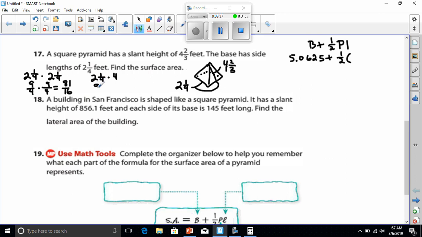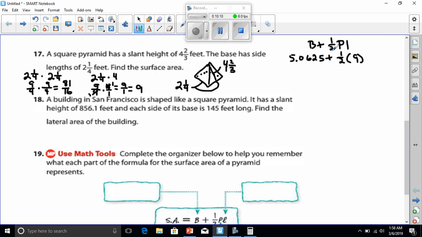And now we have 9/4 times 4/1, because any number over 1 is itself. I can use the butterfly method to get rid of my 4's and turn them into 1. And suddenly I have 9/1, because 9 times 1 is 9, and 1 times 1 is 1. And so we have 9 as our perimeter.